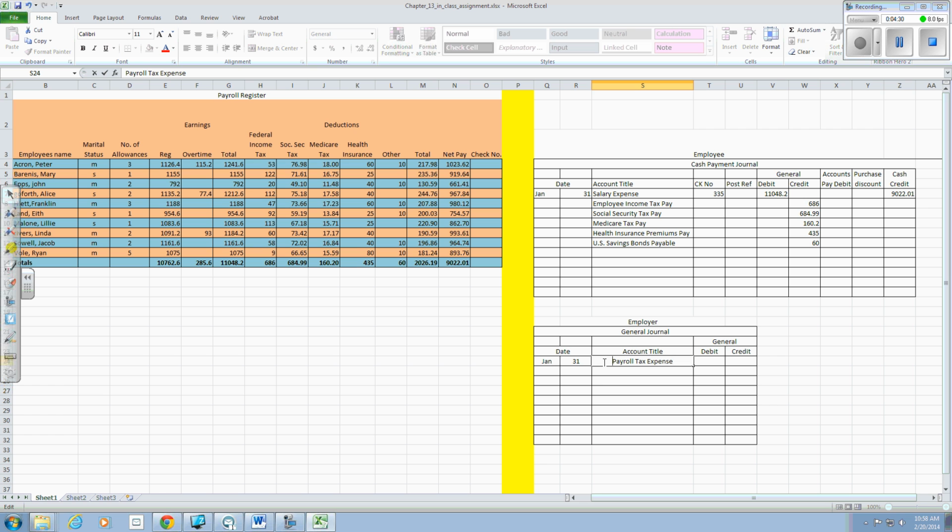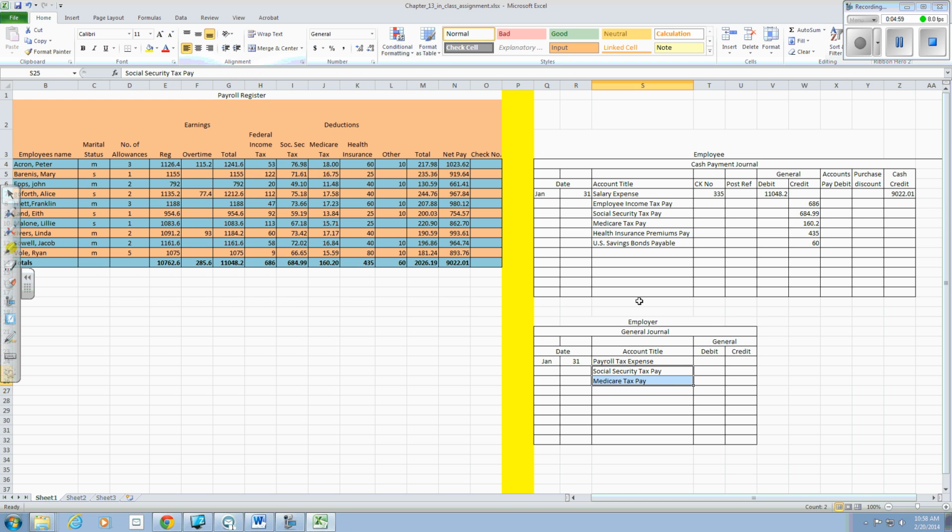And underneath that, we're going to record the taxes that the employer pays. Now we already know that we have Social Security tax payable and Medicare tax payable. Those are the two taxes we know for sure that we're going to have to pay.